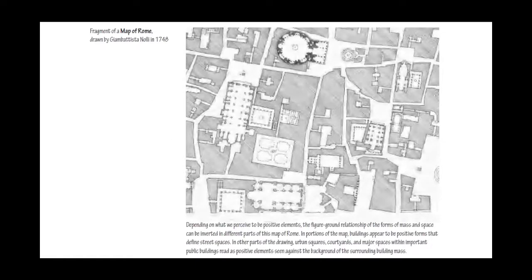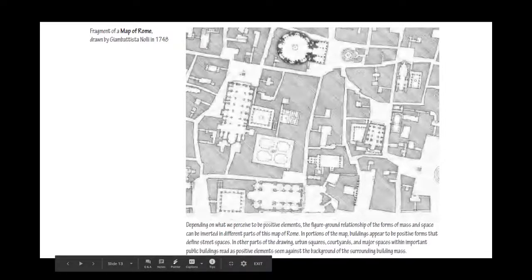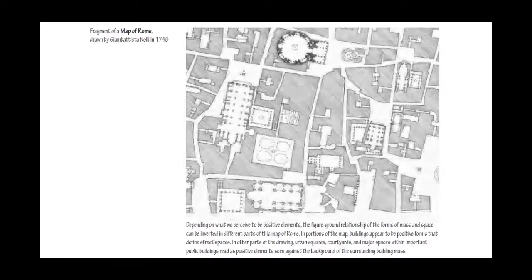So if you're very fond of maps or geography, you would actually notice the positive and negative spaces determined by, let's say, structure, open spaces, and roadways. So that is very prominent in any, let's say, planning.